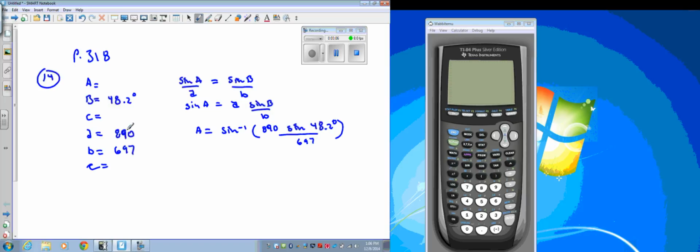All right. So let's do second sine inverse of 890 times the sine of 48.2.